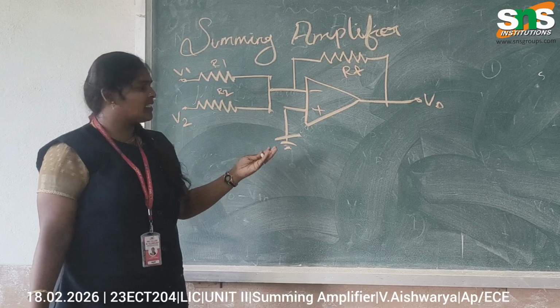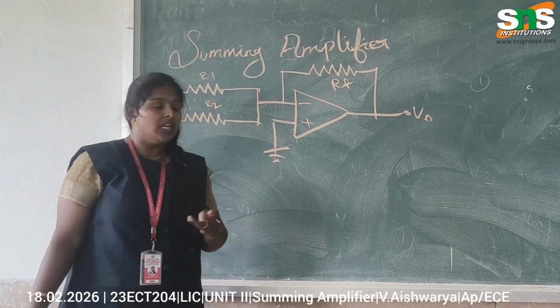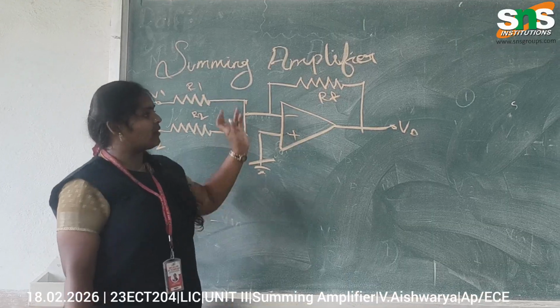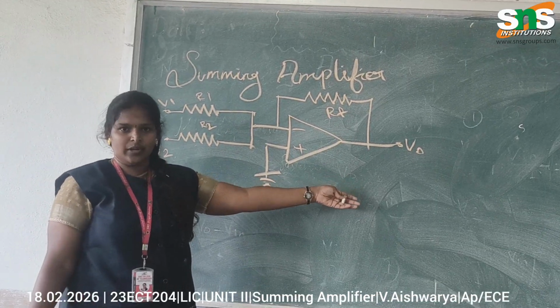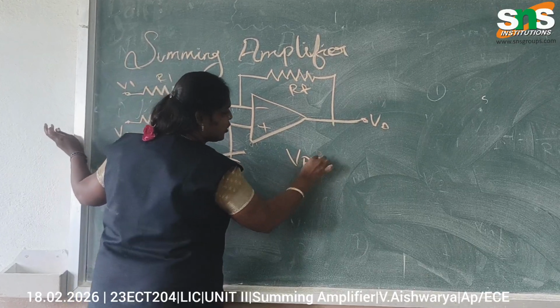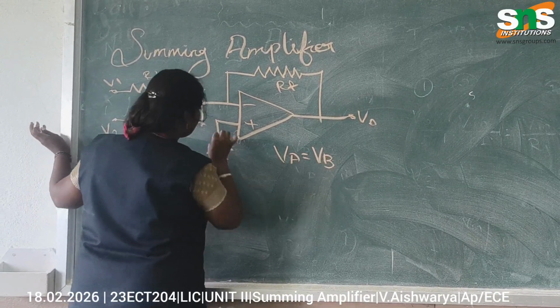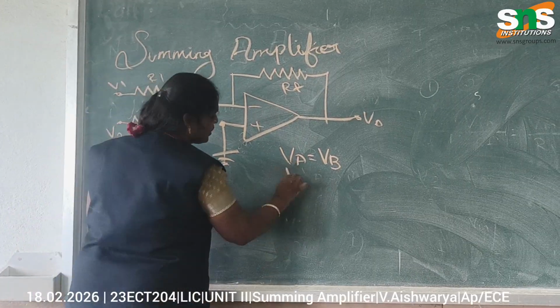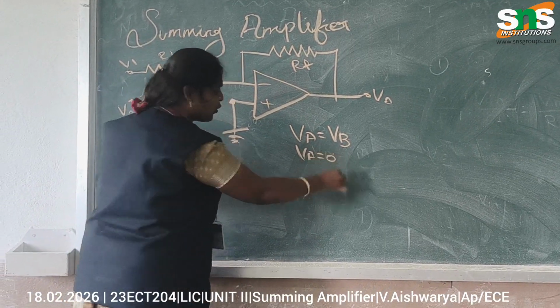Same as we discussed in the inverting and non-inverting amplifier, firstly we have to calculate the input side current value, and then the output side current value, right? As we know, VA equals VB. Here VB is grounded, so that value is 0, so VA is also 0.